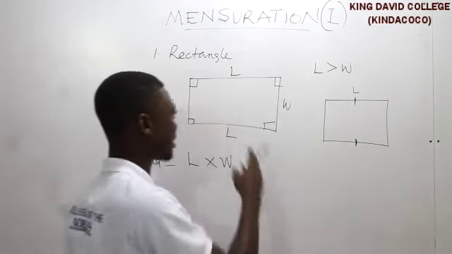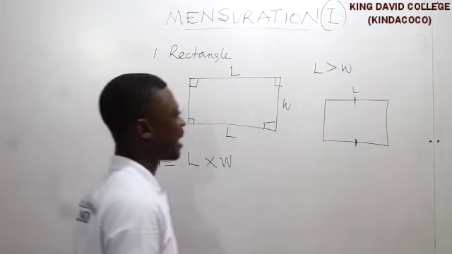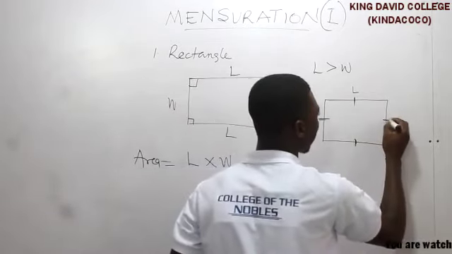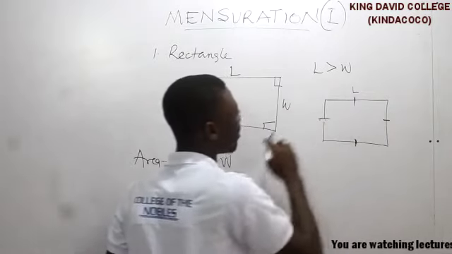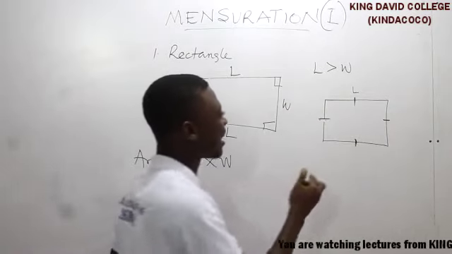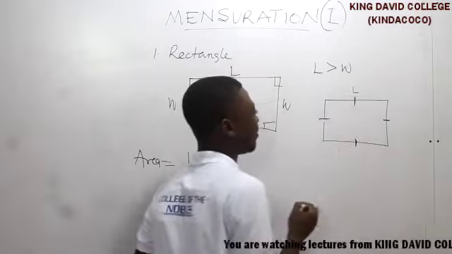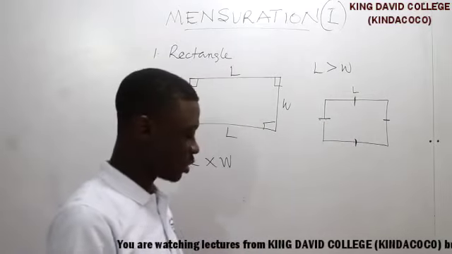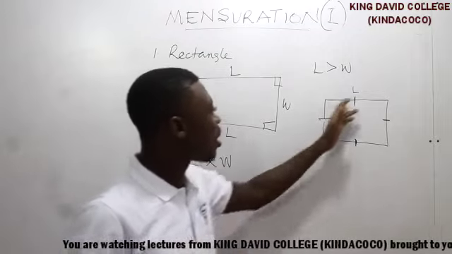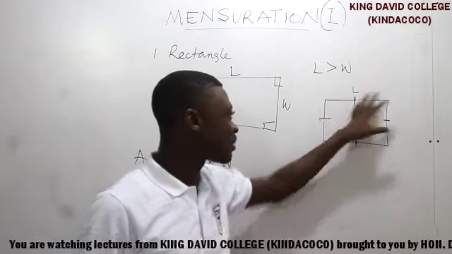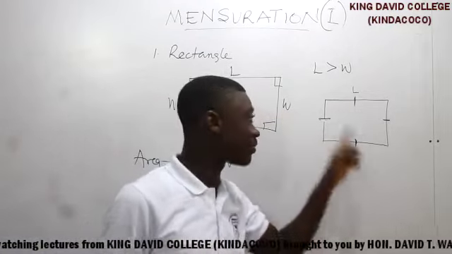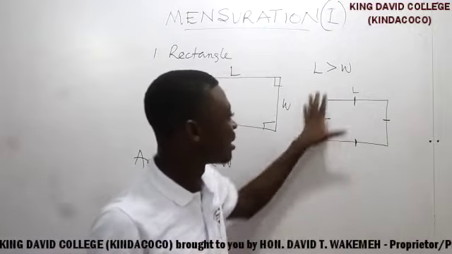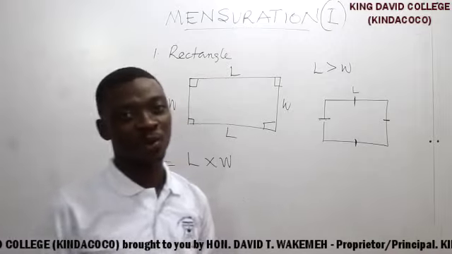We all know that. And this side, which is the width, is the same as this side as well. But in this particular shape, the value of the length and the value of the width are the same. So in other words, all its sides are equal.